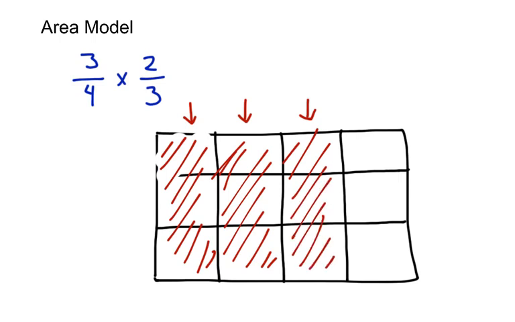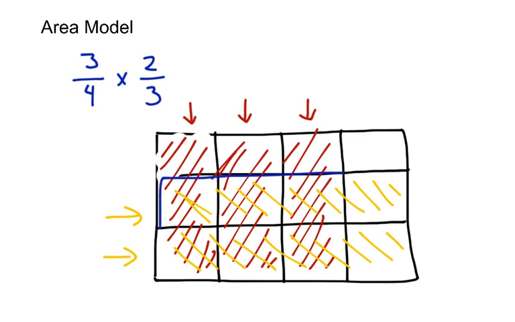Then going the other direction, my thirds are here, and there's my 3/3. I want to shade 2 of those, so I'm going to shade 2 of my thirds. Now what I do, like you might be familiar with from set theory, is I look for the overlap. Where do these overlap? That's going to be right here.